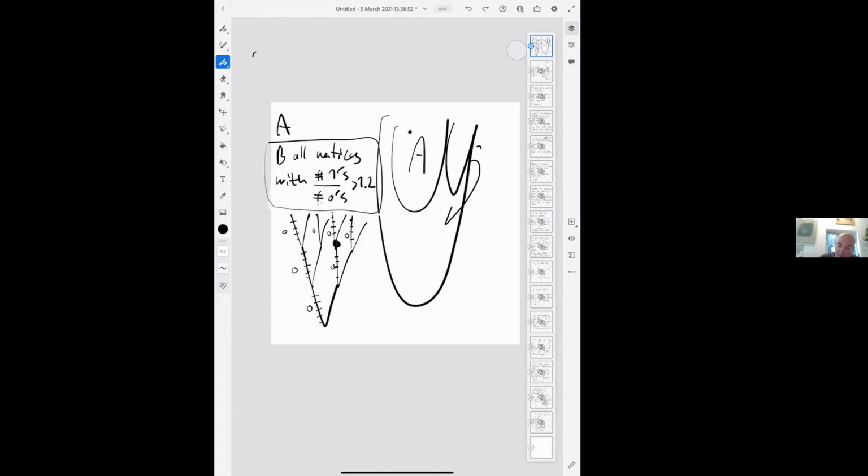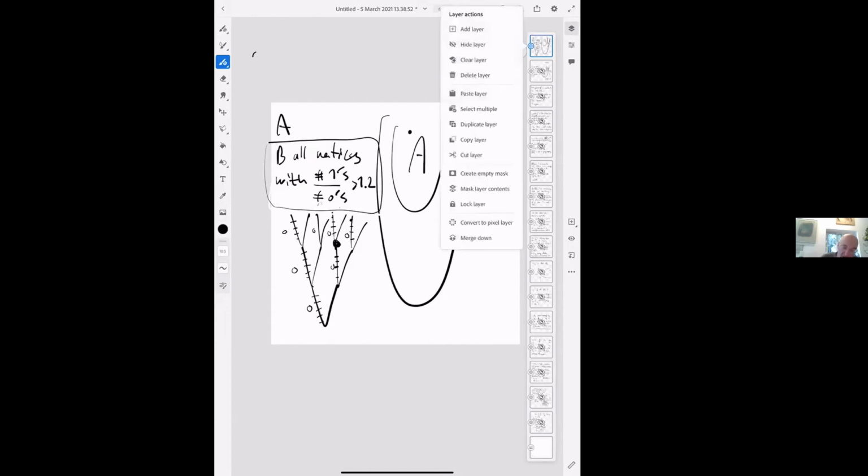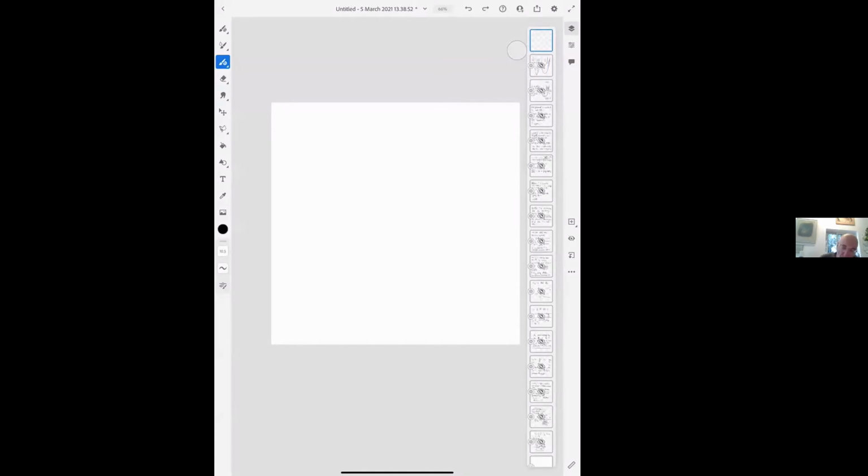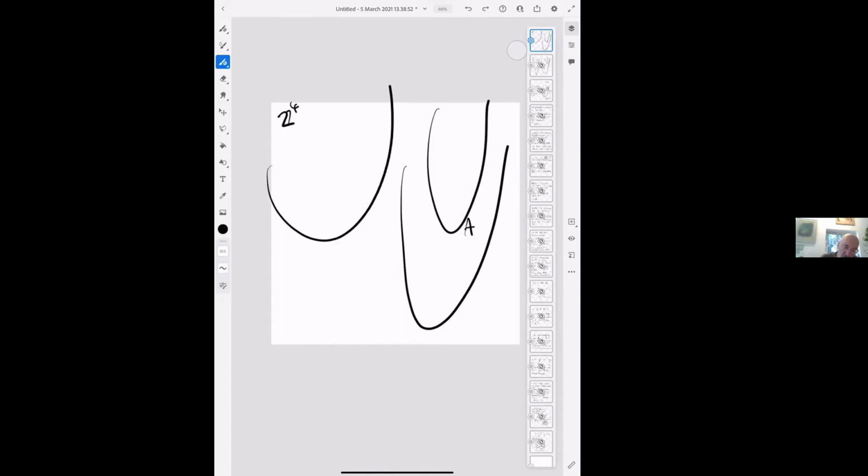So now I have my binary tree. Now I have this set A. This is A. Now I take here Z^4. This is Z^4.